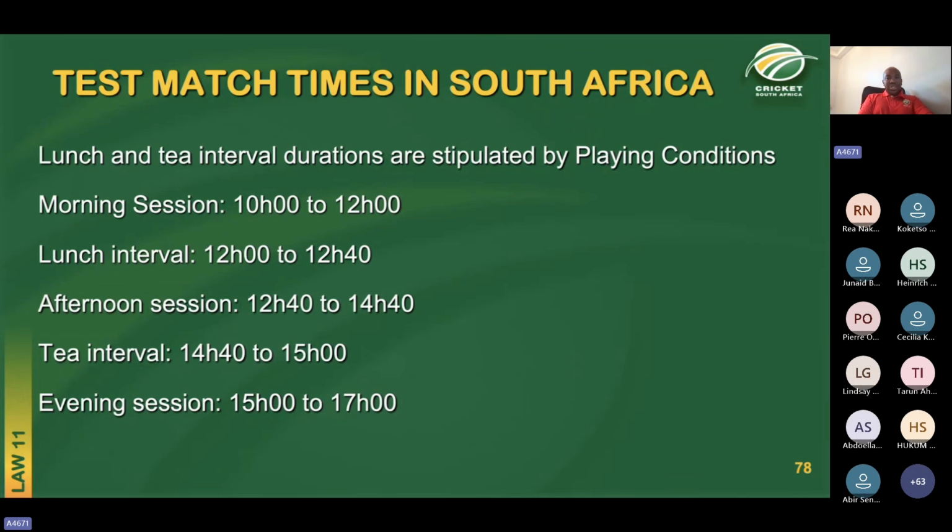But we are going to ignore that 30 minutes extra in the playing conditions when it comes to all of our examples as per law, because law does not make provision for an extra 30 minutes to get the overs in a day's play.